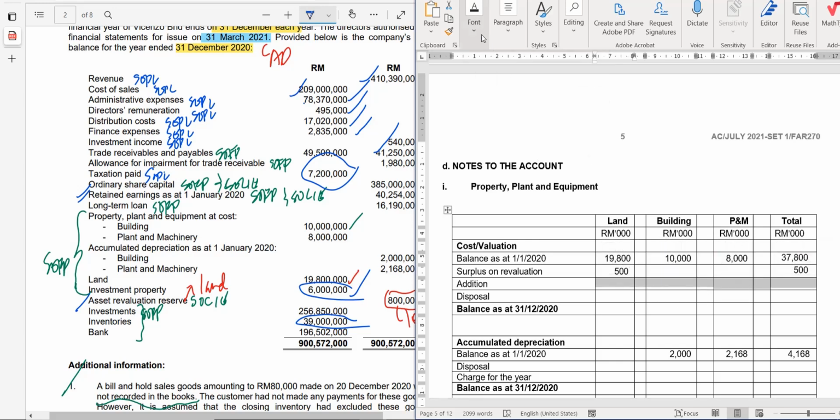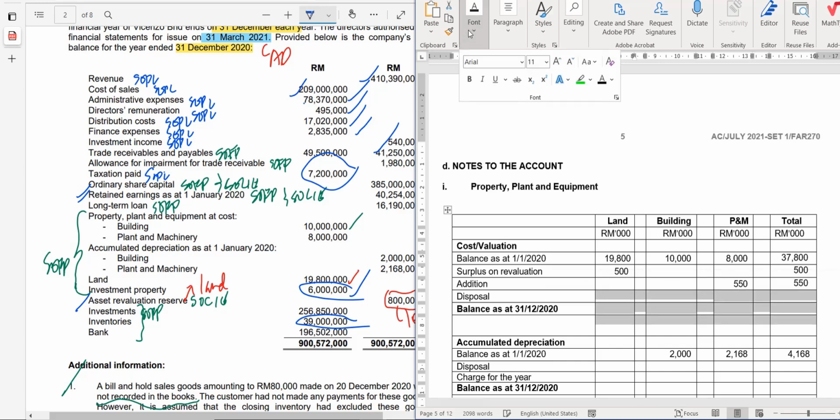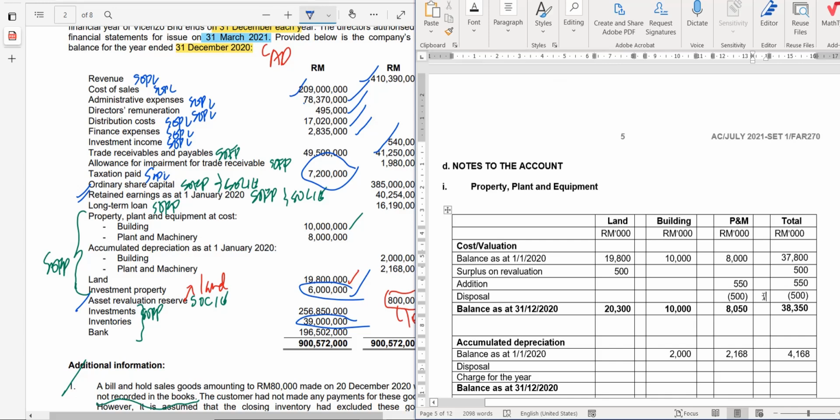Addition, it comes from the new component of machine. No changes to the item on building, no changes.